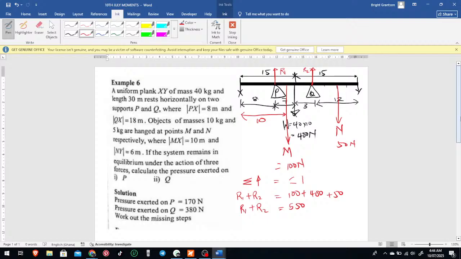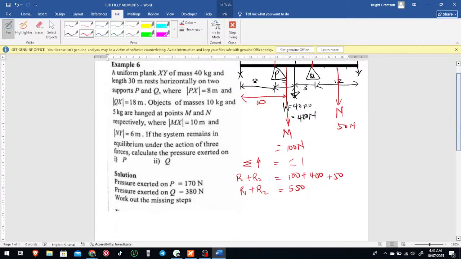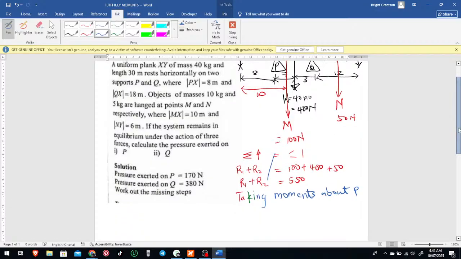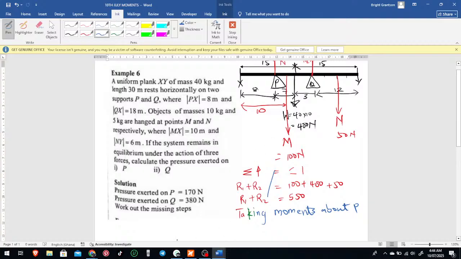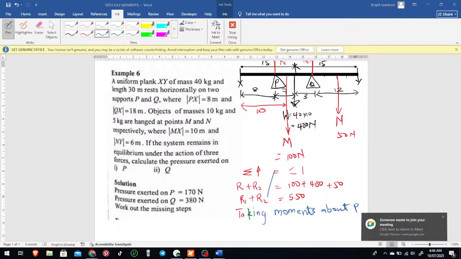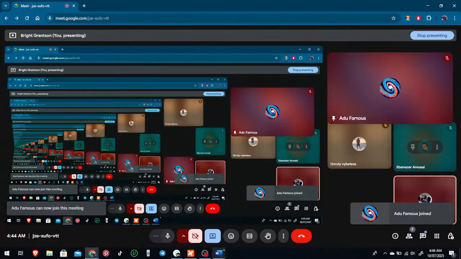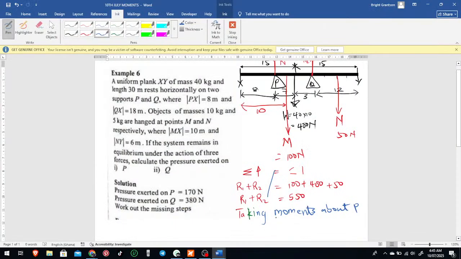Then taking moments about one of the pivots. Let's say maybe taking moments about P. So if you are using P as the pivot and Q is eliminated, let's look at the sum of clockwise moments around P. The clockwise moments are 100 newtons, the weight, and N, right?